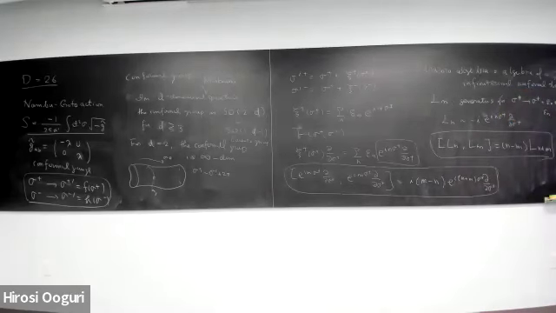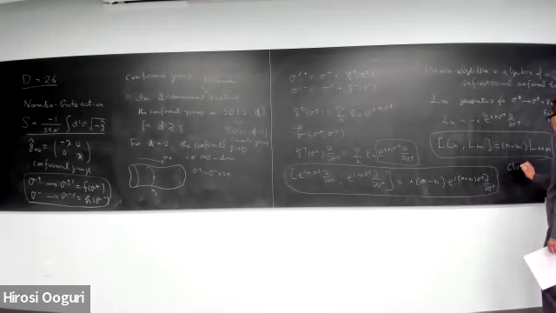So this is the classical version of the Virasoro algebra. We haven't yet quantized the system, so the algebra we are getting is a classical version of the algebra.